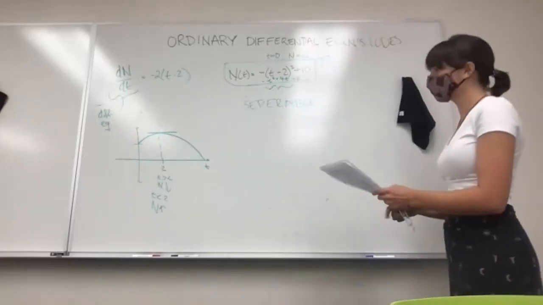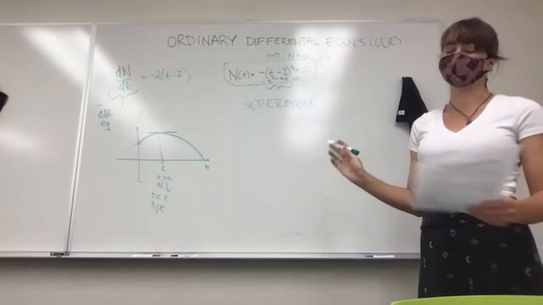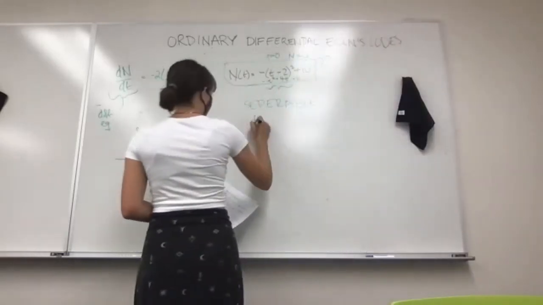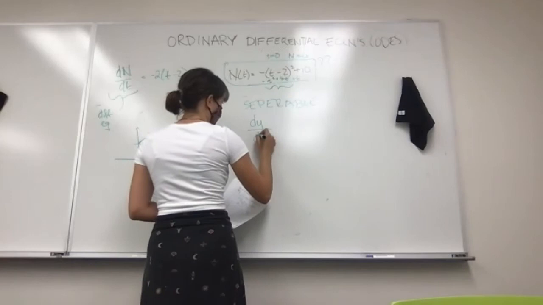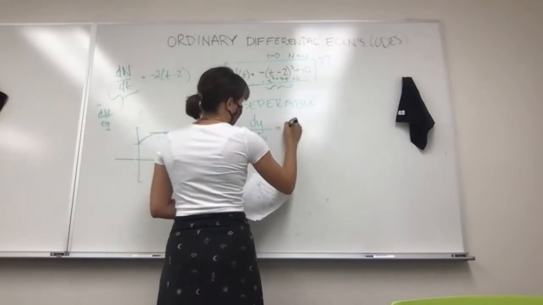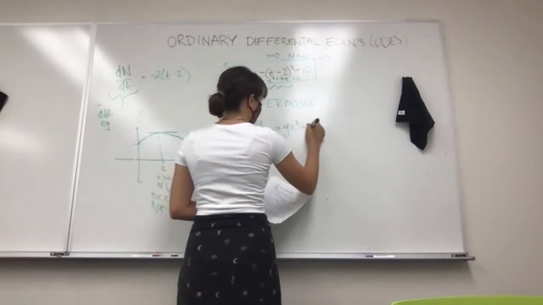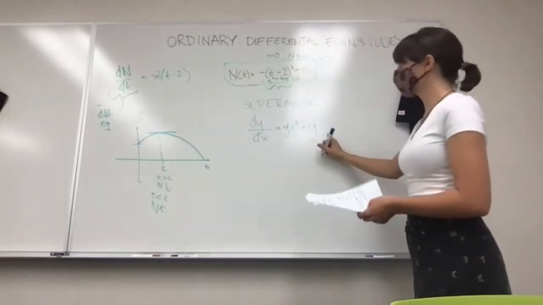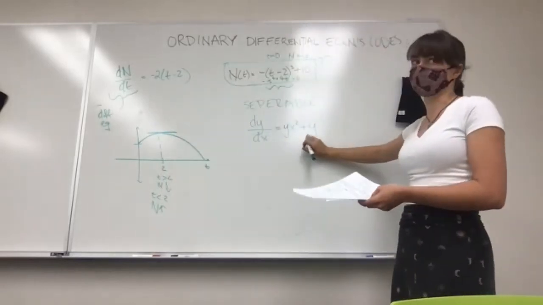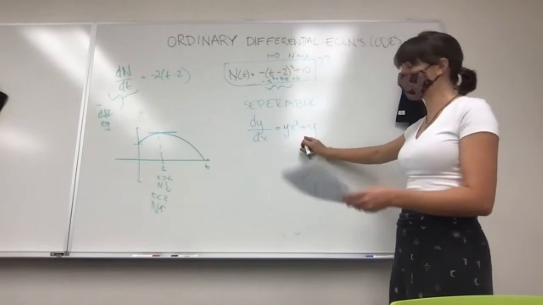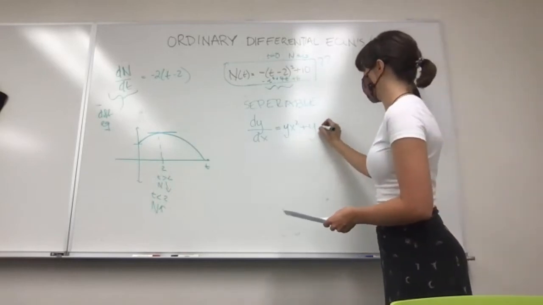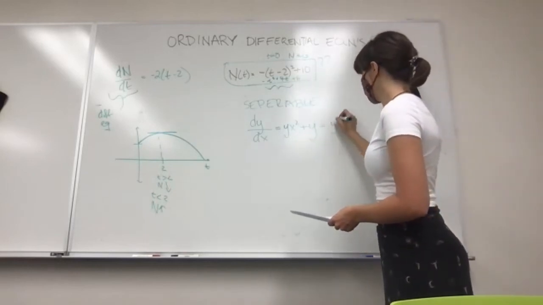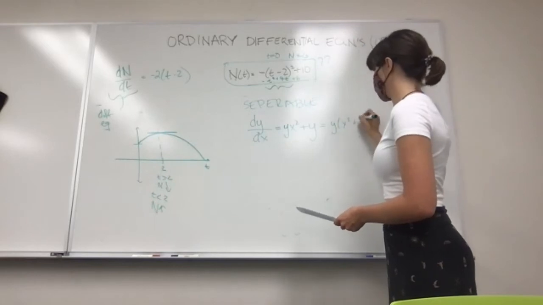So let's say I'm going to do a harder but still separable equation. Let's say I've got my change in y over my change in x is equal to something like this. Even though we have two variables on the right-hand side, this equation is still separable because that's equal to y times x squared plus 1.